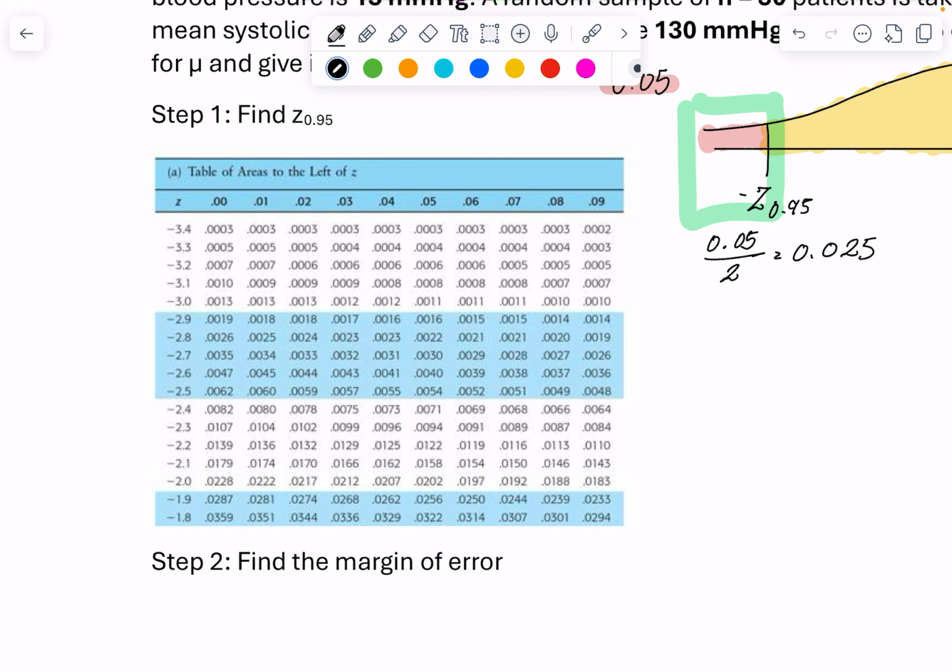My apologies. So we go into our chart and we try to find the value that is closest to 0.025, which we actually have directly. That's this value here. Okay, so we're going to highlight and find where those two areas, the column and the row, cross.